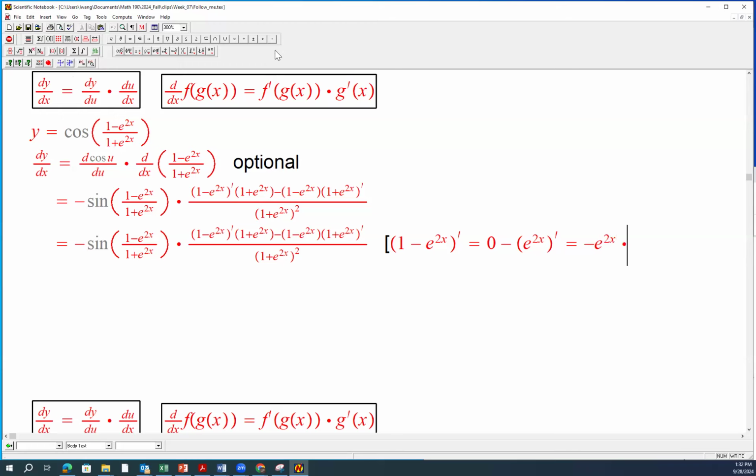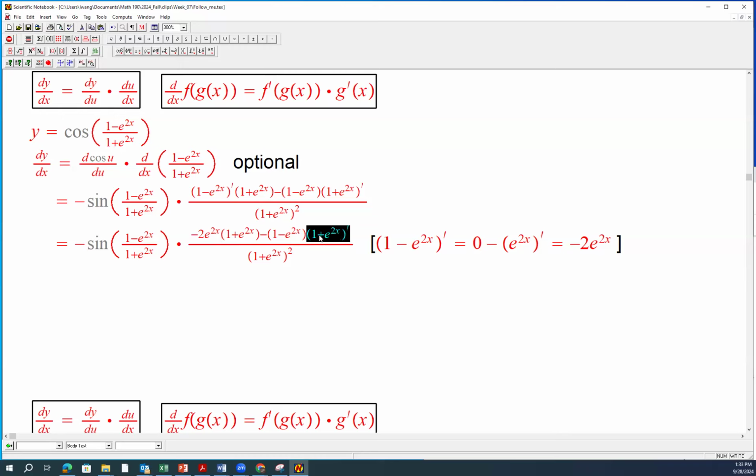And differentiating 2x, you get 2. Okay? So the derivative of e to the power 2x is 2 times e to the power 2x. So you just take this whole thing, you can put the 2 in the front, and you take the whole thing to replace that.